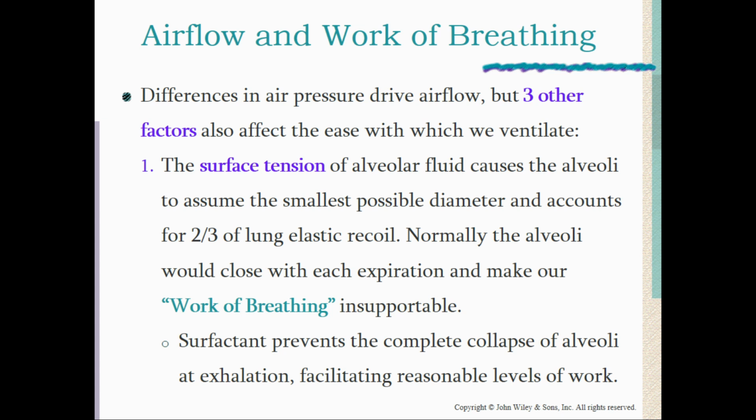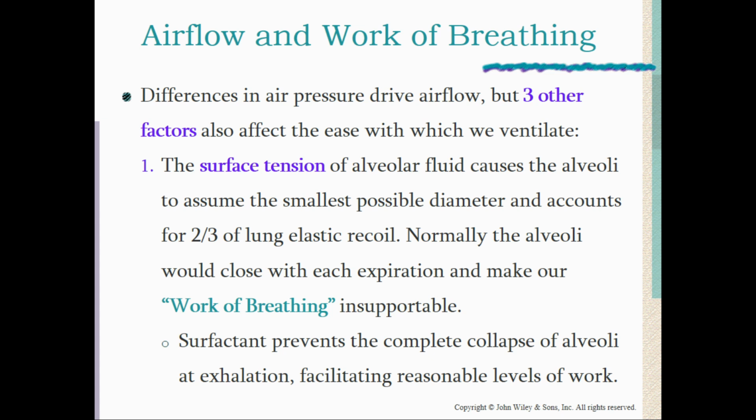First is surface tension of the alveolar fluids, which causes the alveoli to assume the smallest possible diameter and accounts for 2/3 of lung elastic recoil. All right, elastic recoil, remember from the muscular system, when we talked about muscle cells having elasticity, elastic recoil is when the air leaves the lungs due to the increased pressure.